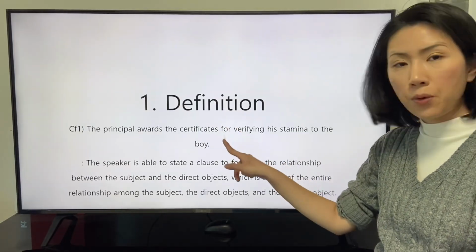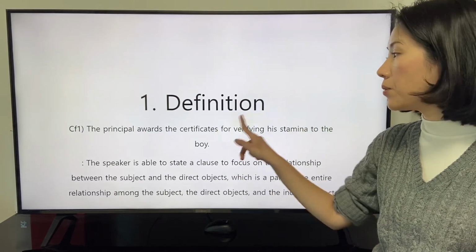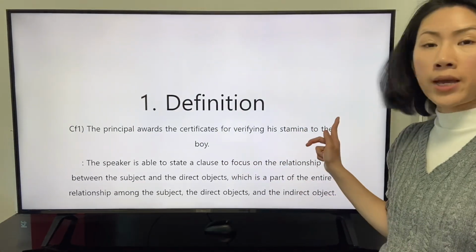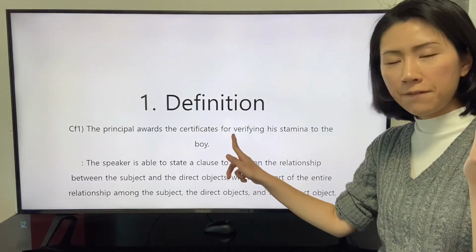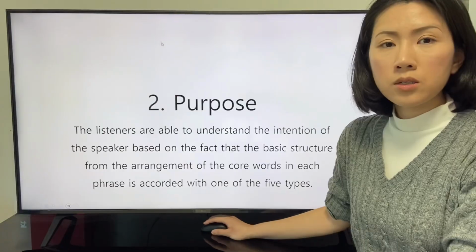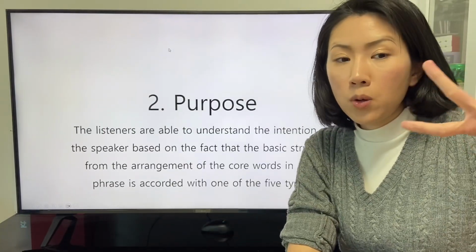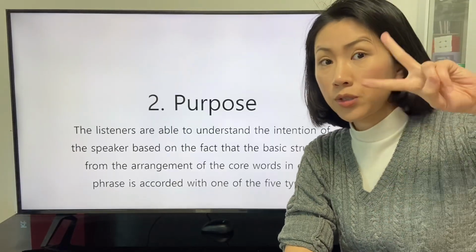So the preposition for is the core word in the phrase of the preposition. In the same way, the core word in the phrase of the preposition to is the preposition to. The second purpose is classified into the two benefits.